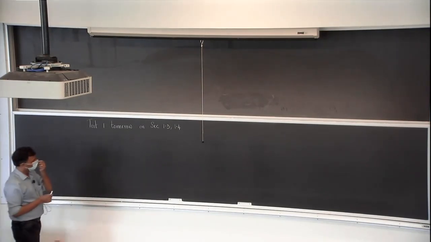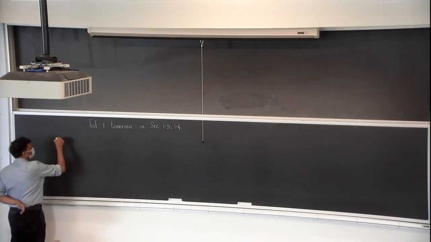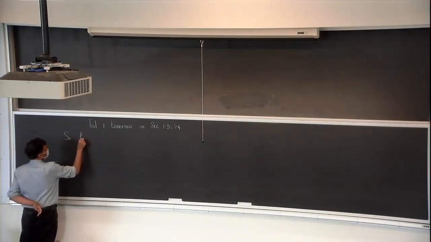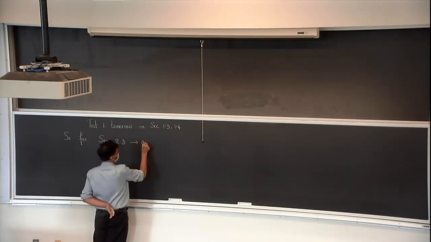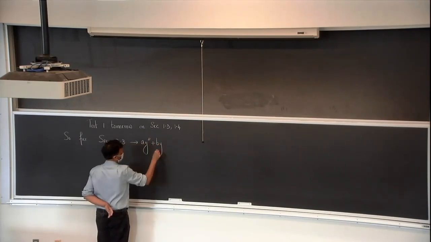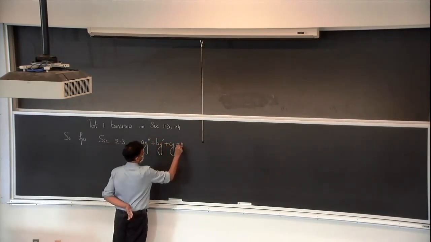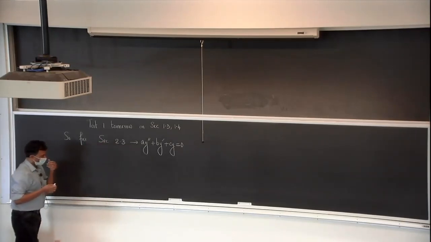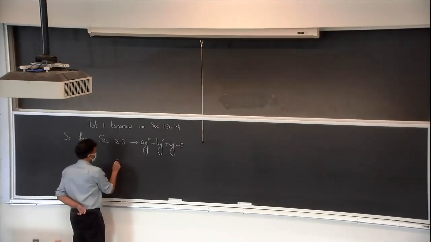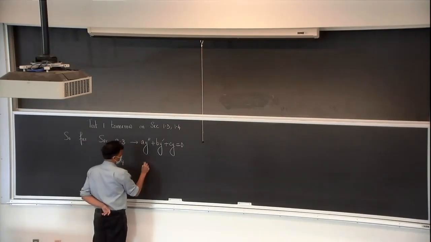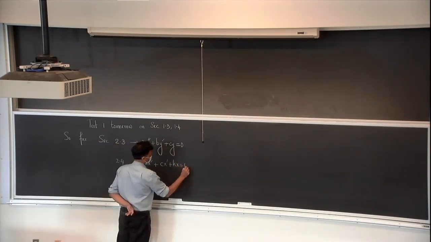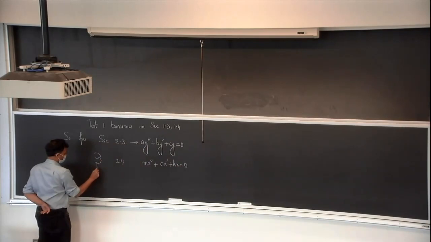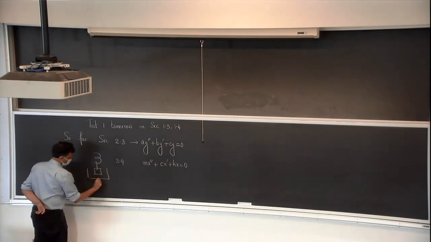No? All right. So the last couple of lectures we've been doing 2.3 and 2.4. In 2.3 we were solving second order homogeneous equations. We had 3 cases. And in 2.4 we talked about the spring mass dashpot system, mx double prime plus cx prime plus kx, where m, c, k are all positive physical quantities.